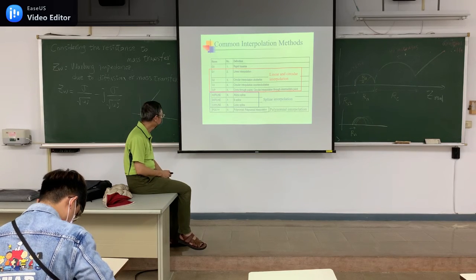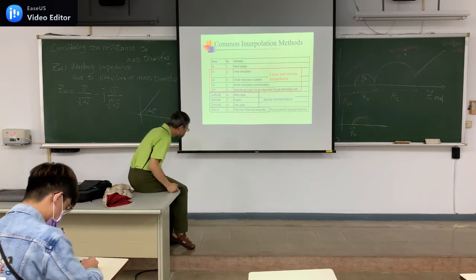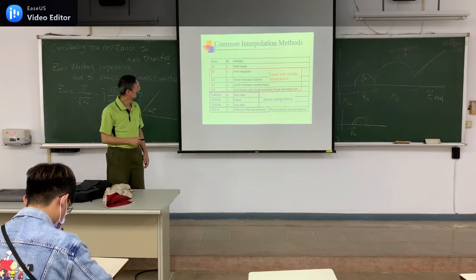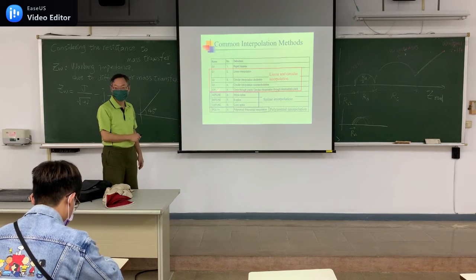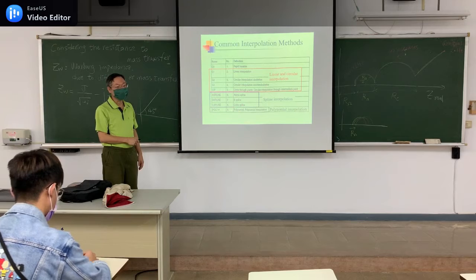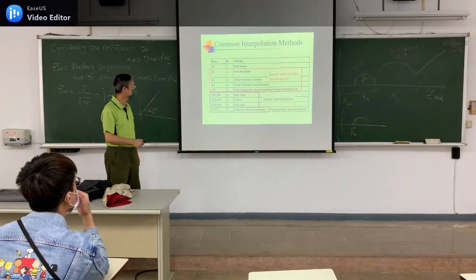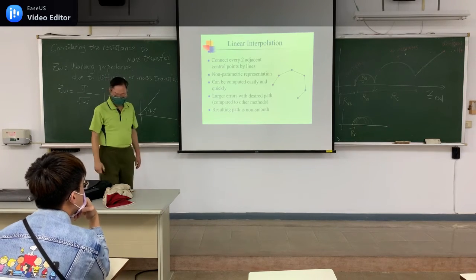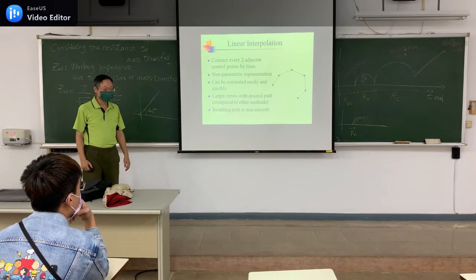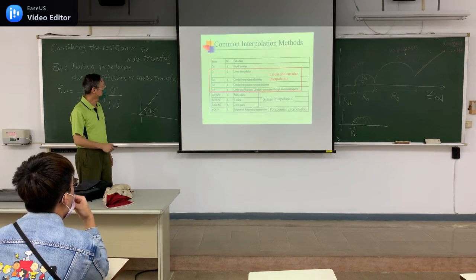Finally, they also provide polynomial interpolation, poly. These are the common interpolations provided by the commercial CNC controller, Siemens 840D. So let us talk about these common interpolations one by one.